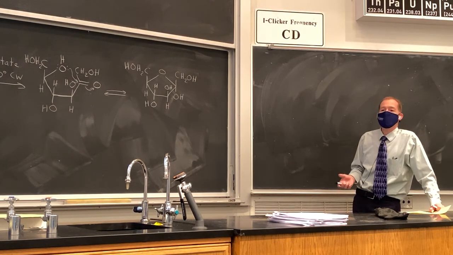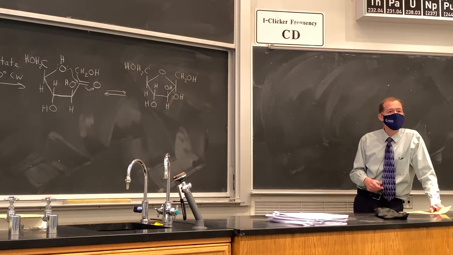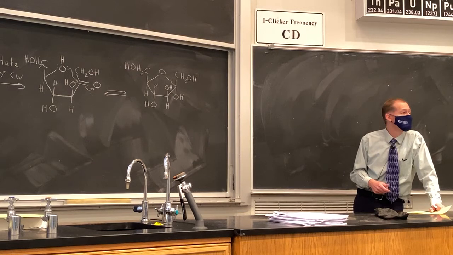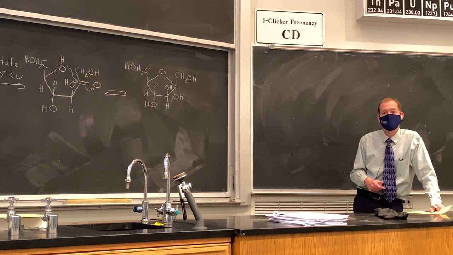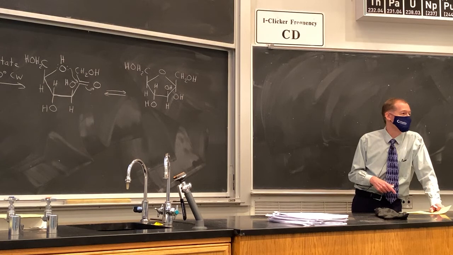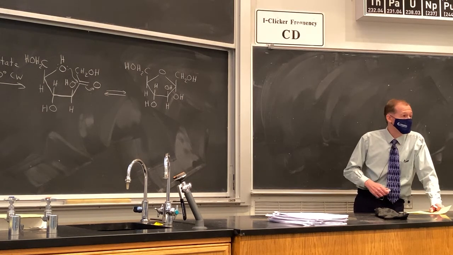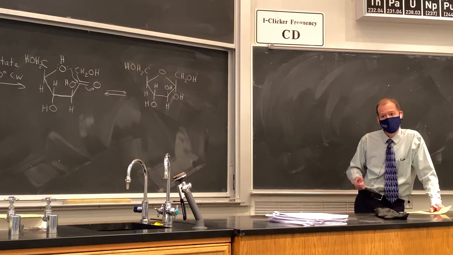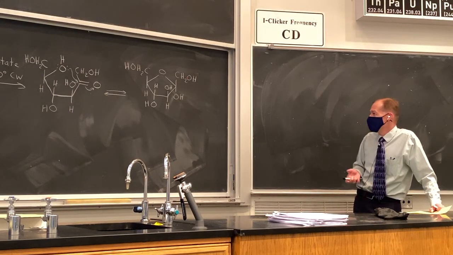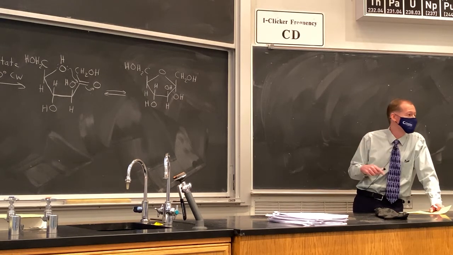Okay? How do we recognize the anomeric carbon? How do we spot it in a monosaccharide, in a cyclic hemiacetal? There's an easy way to spot the anomeric carbon. It has a unique property compared to all the other carbons. So every carbon of a normal monosaccharide has at least one oxygen attached.